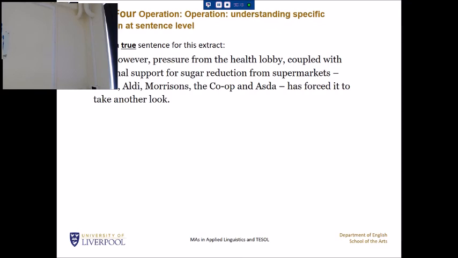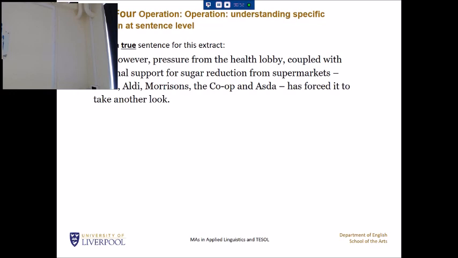Are we going to write a positive or a negative sentence about supermarkets? Positive, why? Which word is telling us that? Support. Support for what? Okay, sugar reduction. So the supermarkets support. Who else supports this approach? The health lobby, because we've got this word coupled.